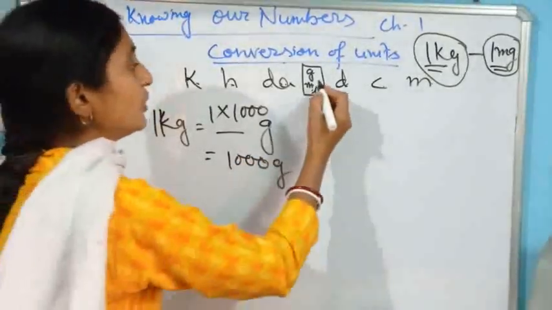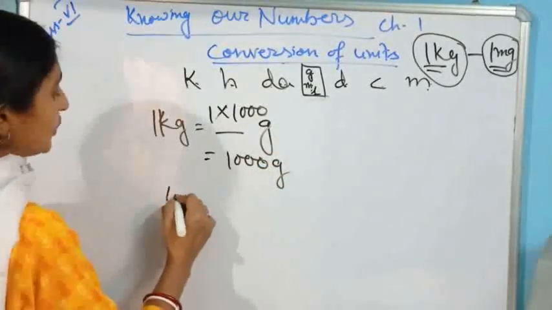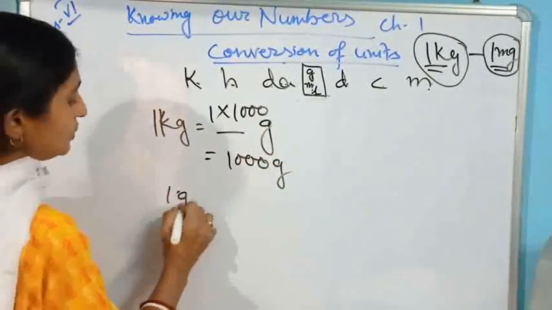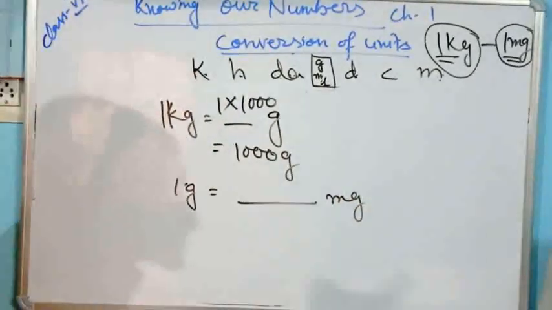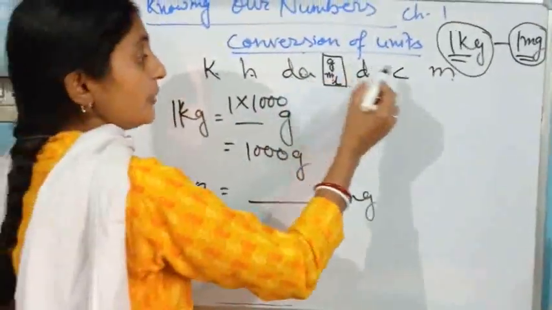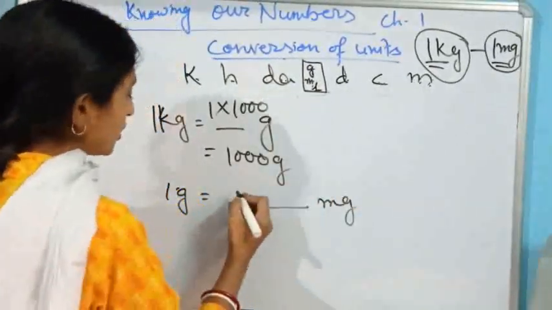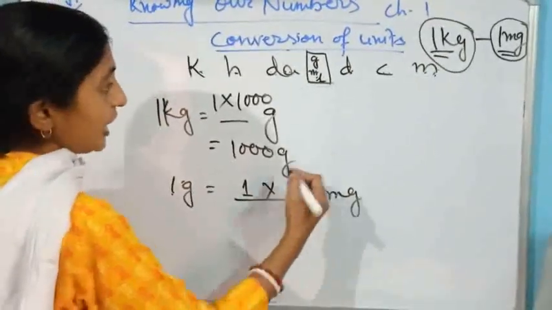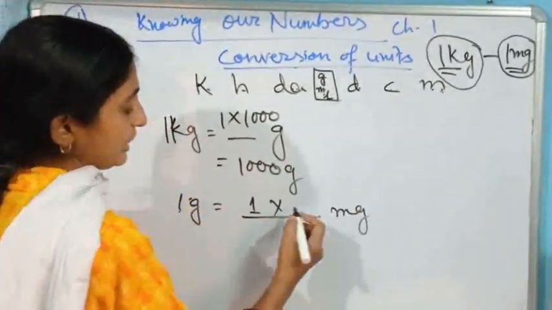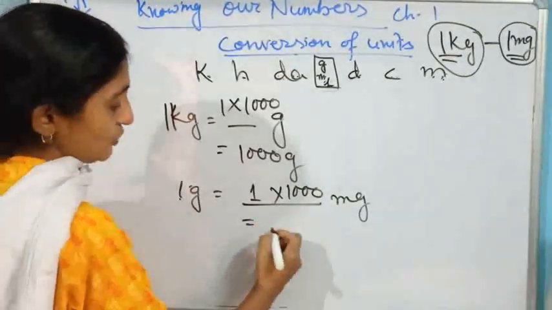Now if I am moving from gram to milligram, if you are asked 1 gram equal to how many milligram, what will you do? Again we will use the same concept. From gram, how many places to go to milligram? 1, 2, 3. So again it is 1 gram, I put 1 here, and to move up to milligram, as it has 3 places, I will multiply by 1000.